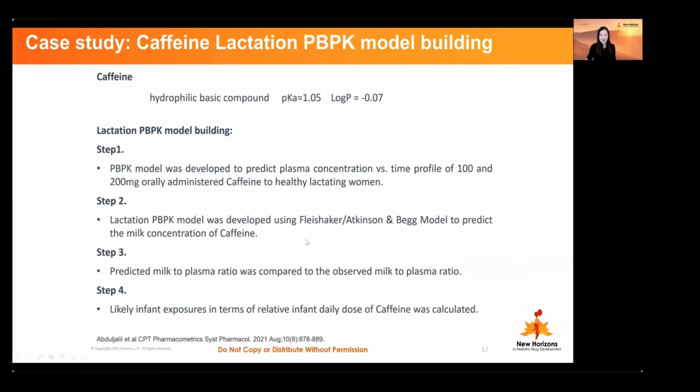And then a lactation PBPK model was developed using this Q-cell model called the Fleishaker, Atkinson, and Begg model to predict the milk concentration of caffeine. And then from this, we can compute a milk to plasma ratio and compare that to the observed milk to plasma ratio. And finally, we can derive the infant exposure in terms of the relative infant daily dose.